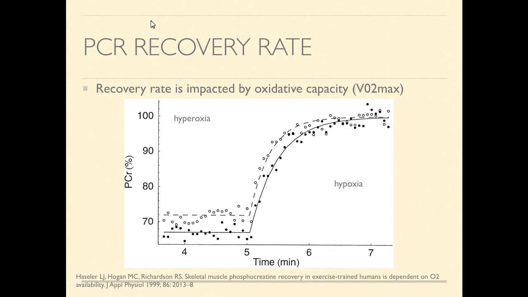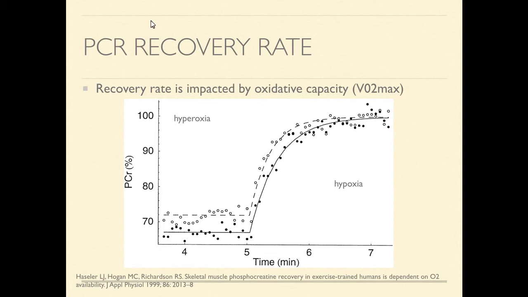So what replenishes phosphocreatine? Well, basically, think about it. When you do a sprint, after the sprint, you're huffing and puffing, you're breathing at really high rates. Well, it turns out that the oxidative system is what's recovering your phosphocreatine levels. And that's what we sort of see here.